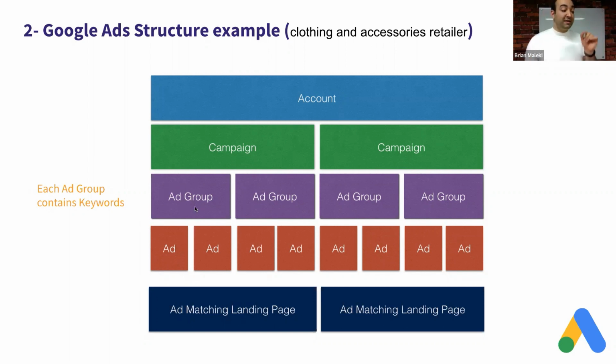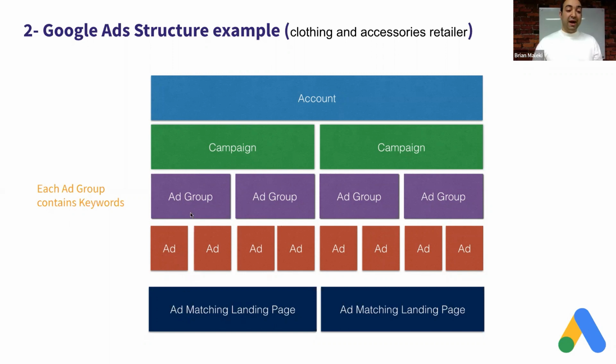If you want to get the maximum result and lower the cost of your ads, make sure to follow this rule. We put relevant keywords in the ad group. Then we create an ad related to that ad group. We create a landing page having those keywords we used in the ad group.